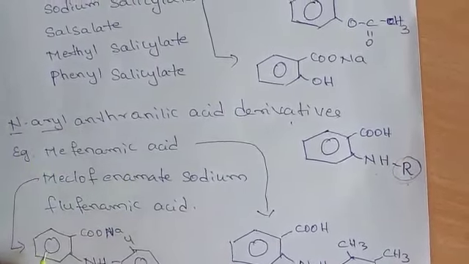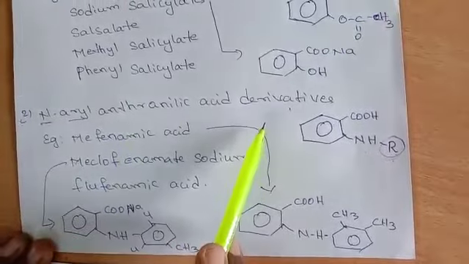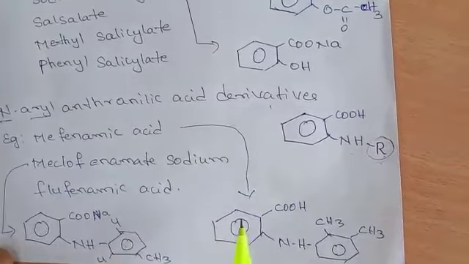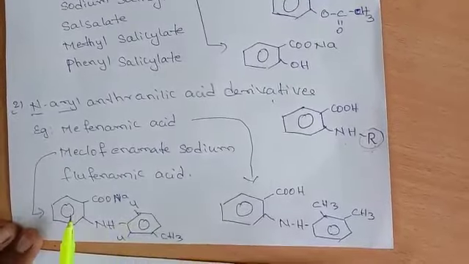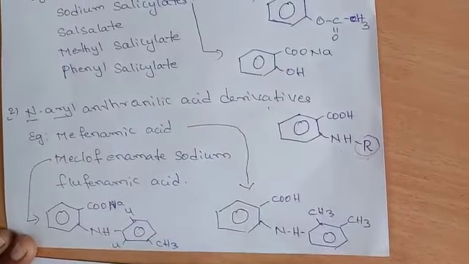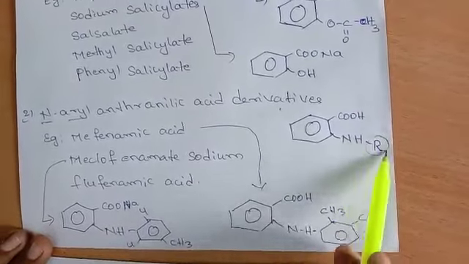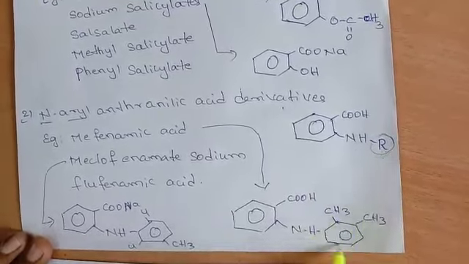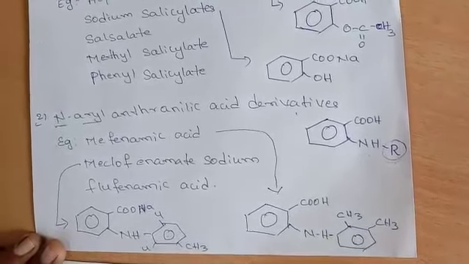These are the examples of N-aryl anthranilic acid derivatives. These are also called fenamates. Fenamates means phenyl anthranilic acid derivatives. This aryl group is generally the substituted phenyl group. So these are also called fenamates.